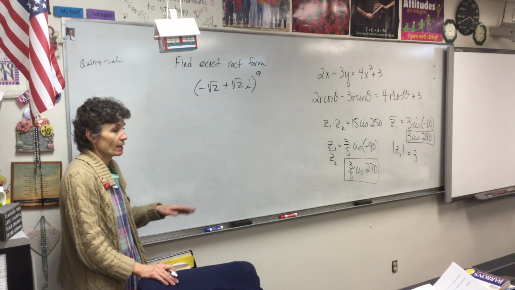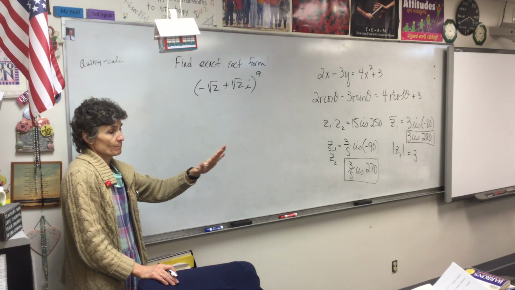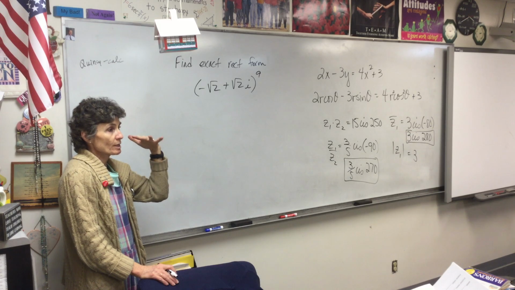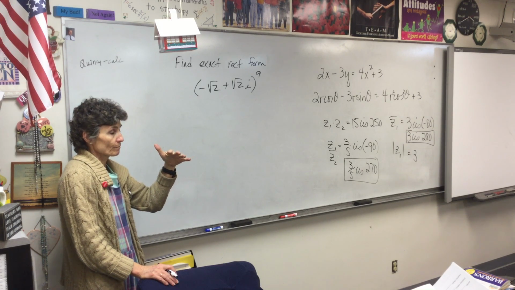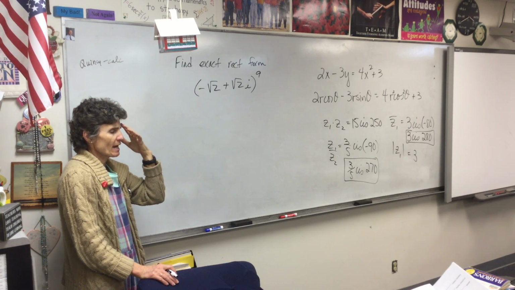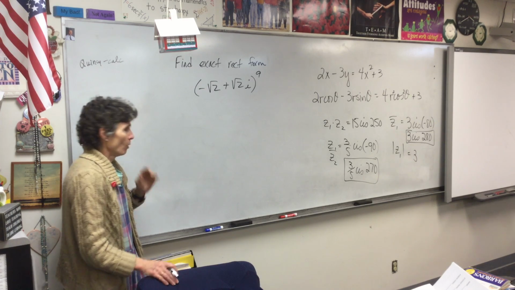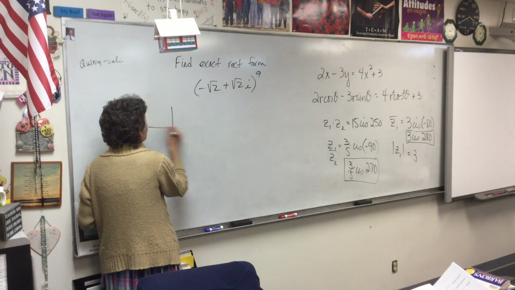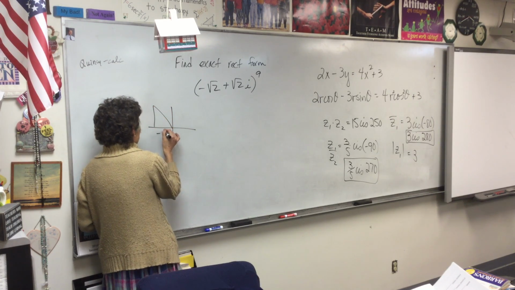All right, so here we go. Deep breath. We're raising it to the 9th power. So what's the first thing we have to do? We have to change it into polar form, CIS form, which means we need to draw a picture of it.